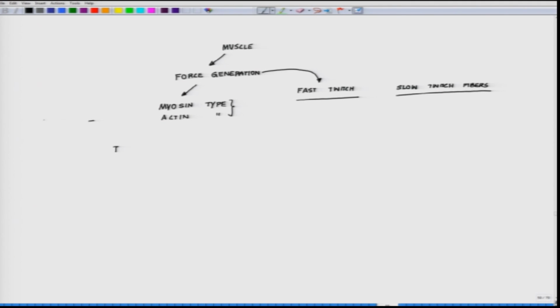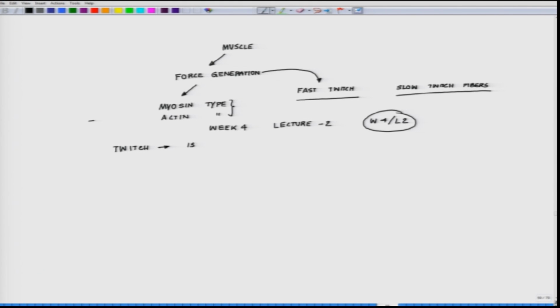Let me put it, this is lecture 2, week 4, W4/L2, that's where we are resuming. Okay. What is the definition of twitch? Twitch is the fundamental unit of muscle contraction.